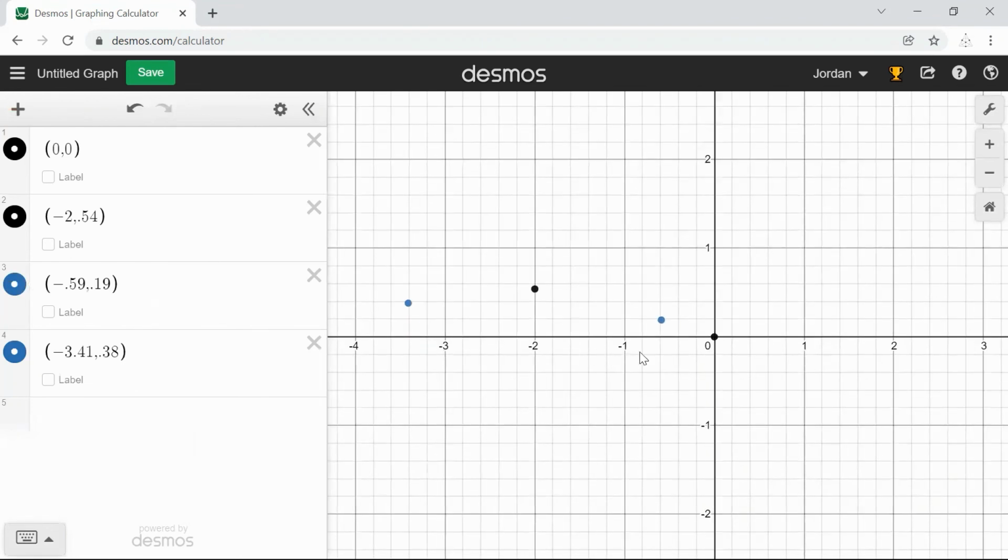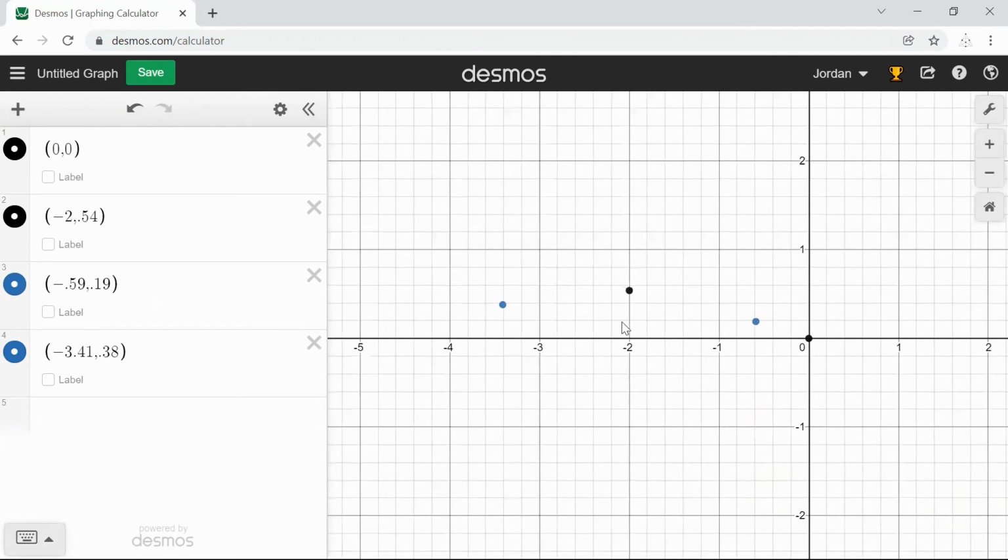I know my graph goes through the critical points and through the points of inflection. I also know that in between these points of inflection, specifically at -2, my graph is concave down.